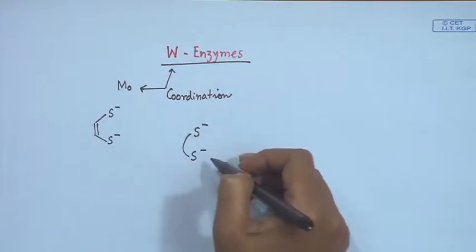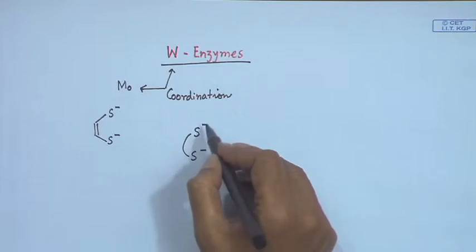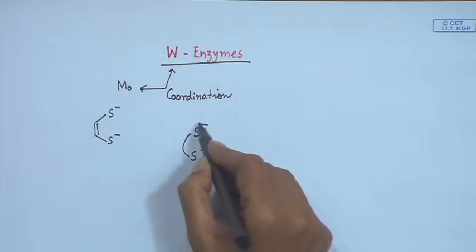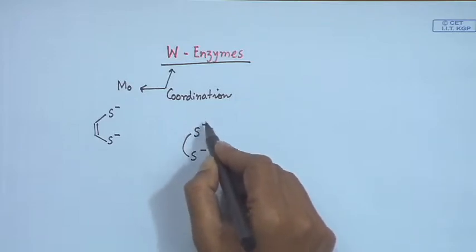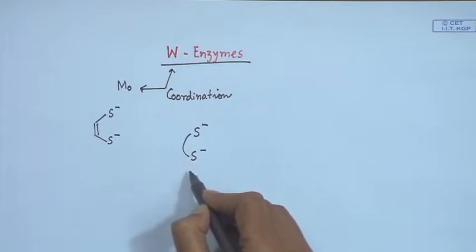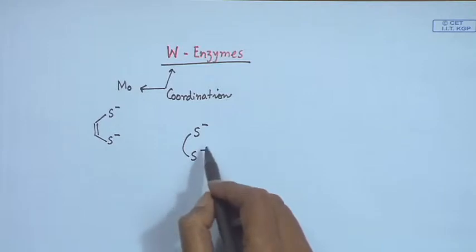This is doubly negative in nature, not a neutral ligand, and sulfur is a bigger atom compared to oxygen, so its polarizability is also more. So, when you have a bigger polarizable donor atom compared to oxygen and nitrogen, sulfur is bigger.